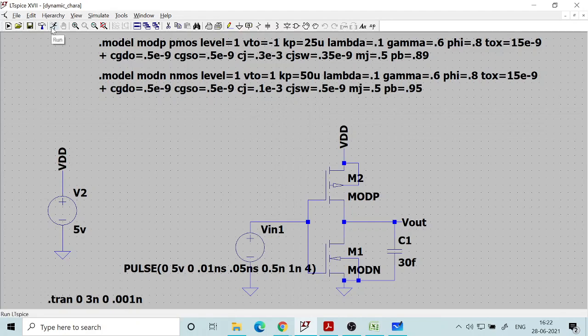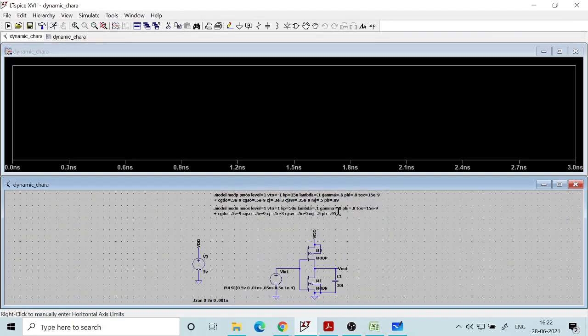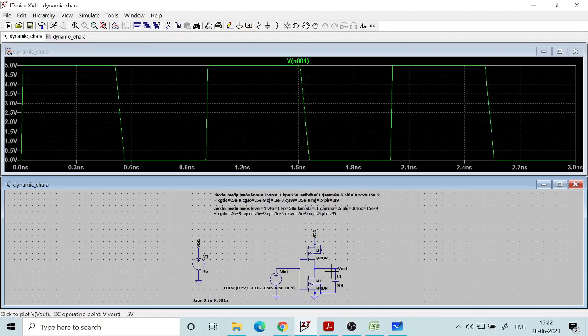Sir, we have to calculate the propagation delay from the dynamic characteristic? Yes, you have to calculate the rise time, fall time, and the propagation delay. T_PHL and T_PLH you have to take, and add them together.